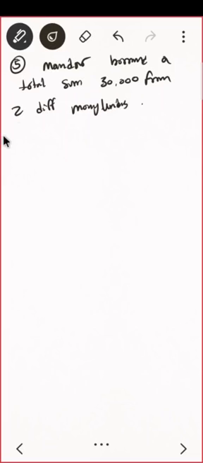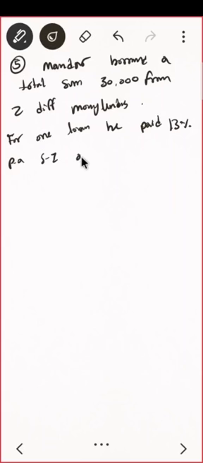For one loan, he paid 13% SI, and for other, he paid 9% SI.